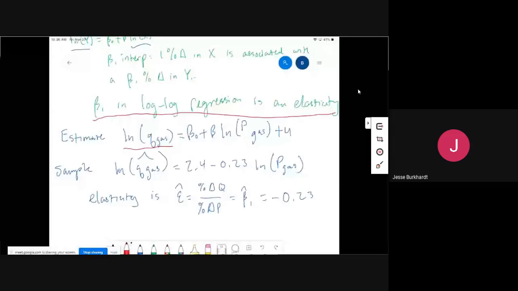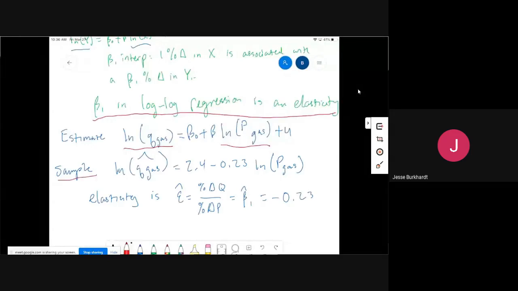So let's suppose we estimated a model where we're regressing the log of Q gas, the log of the quantity of gasoline consumed, on the log of the price of gas. So we're estimating a log-log model. This is our population regression. Our sample regression down here is the log of Q gas hat equals 2.4 minus 0.23 times the log of the price of gas.